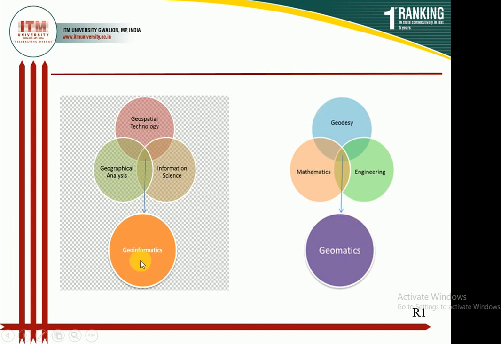Geoinformatics deals with geospatial technology, geographical analysis, and information science. It is a collaboration of three disciplines: geospatial technology, geographical analysis, and information technology.